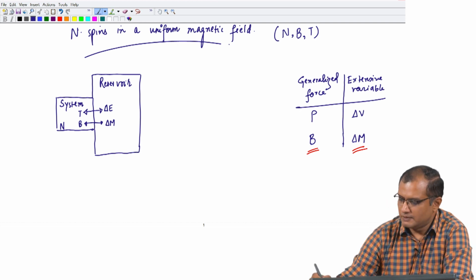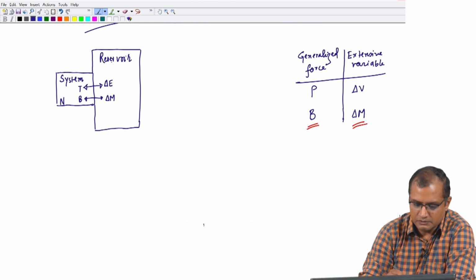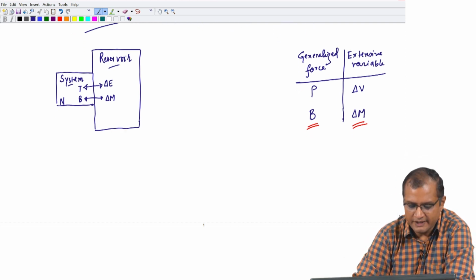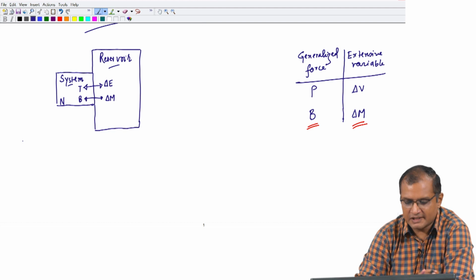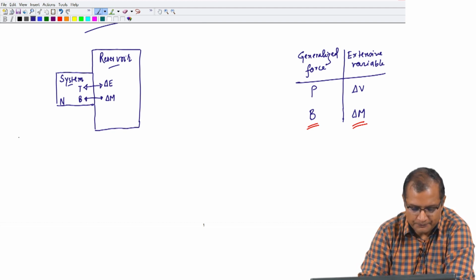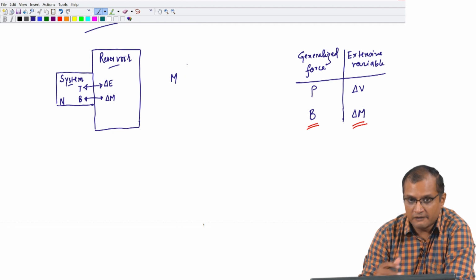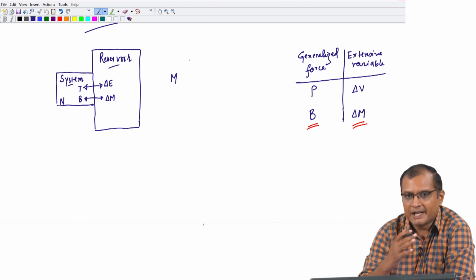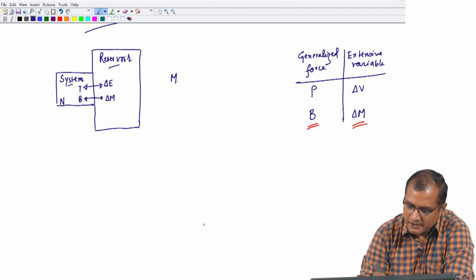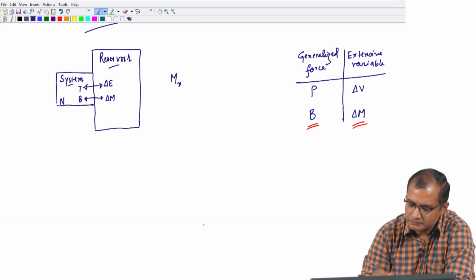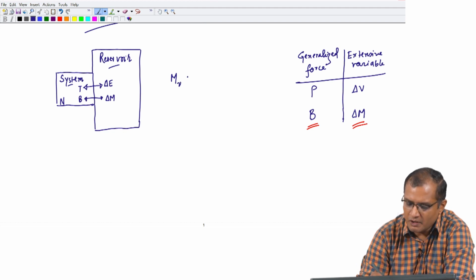Okay. So, now this is a system under Gibbs canonical ensemble, which means the magnetization here that fluctuates between the microstates can be represented as M_mu, and I am going to call it the instantaneous magnetization.